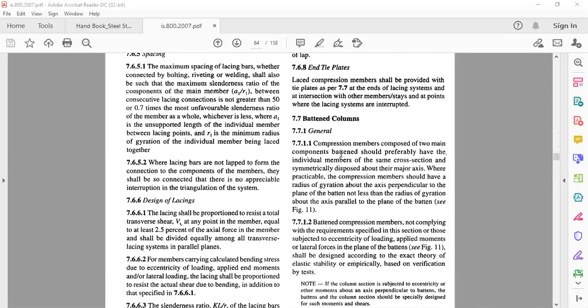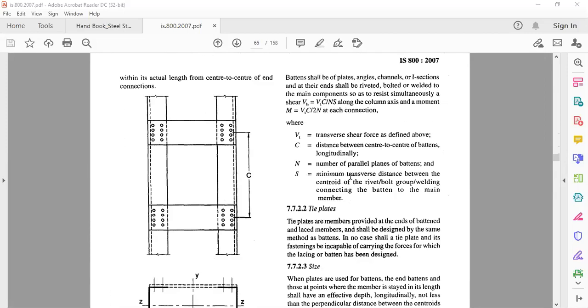While discussing the problem, we will consider these things, where we can have the requirements to fulfill the battens. First of all, the spacing between the battens, that is nothing but C, the center to center distance between the adjacent battens.